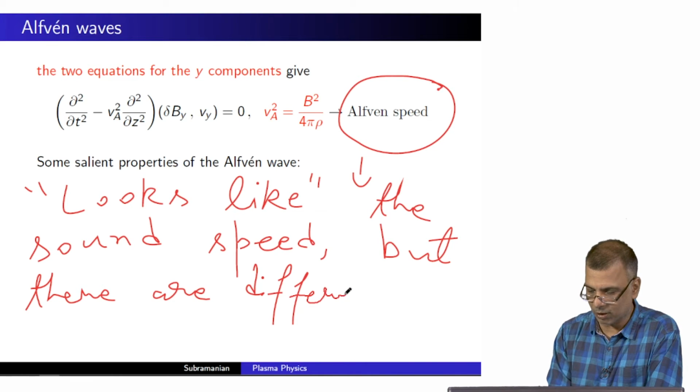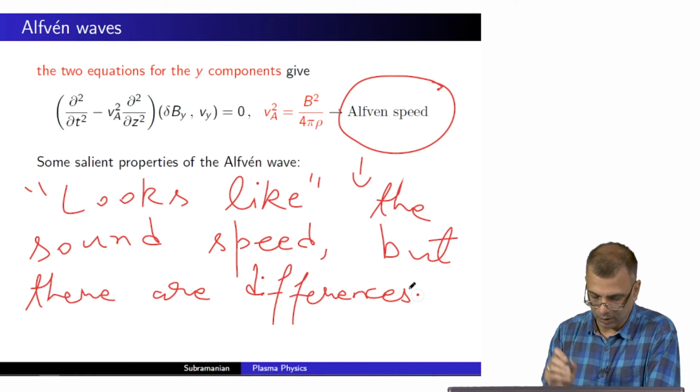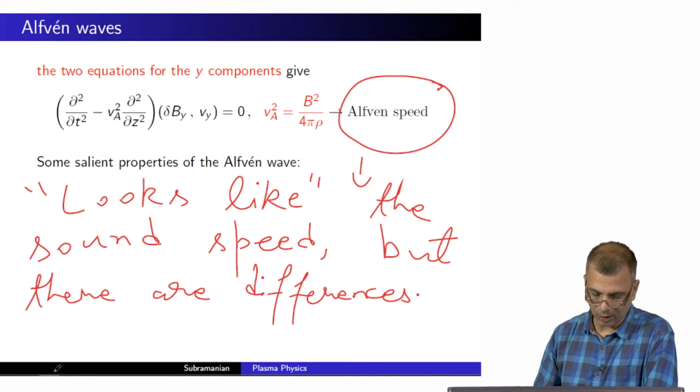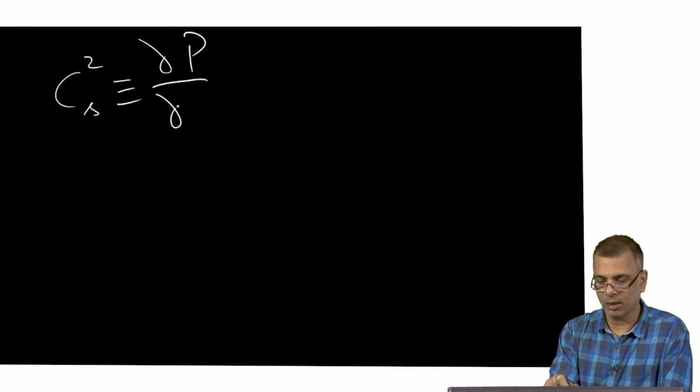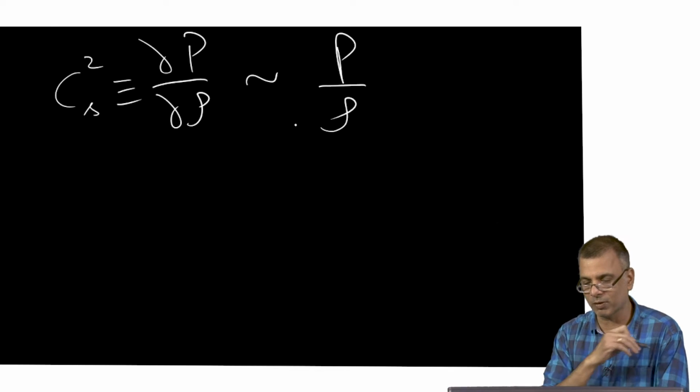And let us see what those differences are. So, you see the sound speed, if you remember, was written as Cs squared was dP d rho, which we sort of carelessly can write as P over rho.